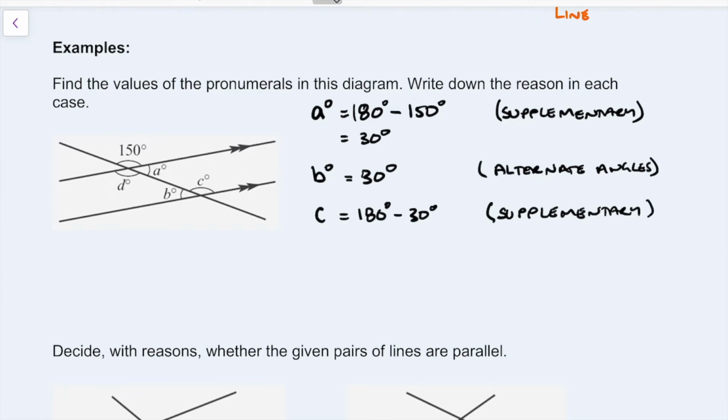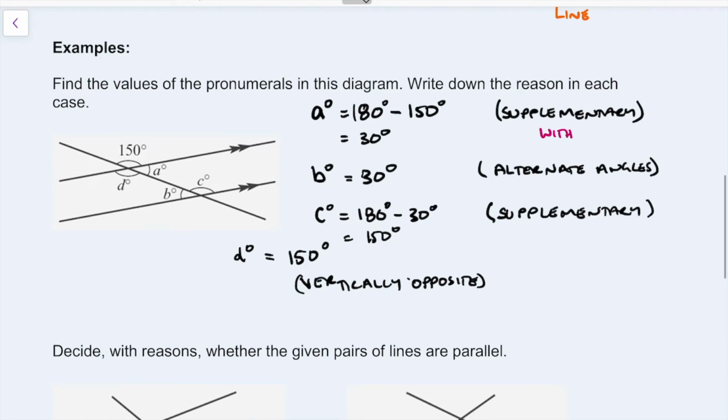And for D, you can actually have a couple of different options. You can go the route of supplementary with A, or you can say it's 150 degrees because they're vertically opposite. So A is supplementary with 150 degrees, and these add to 180 degrees.